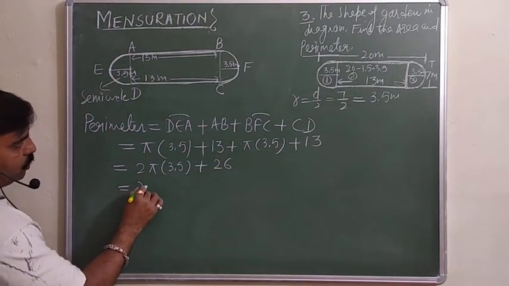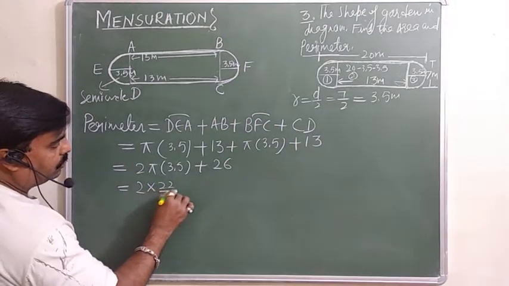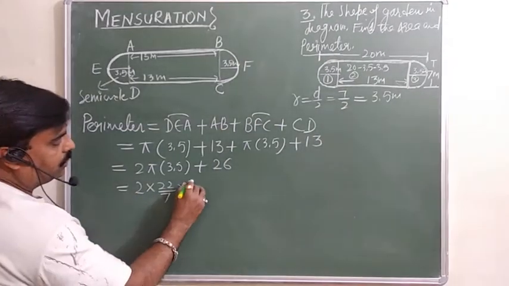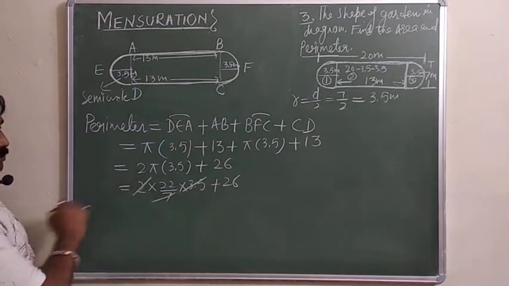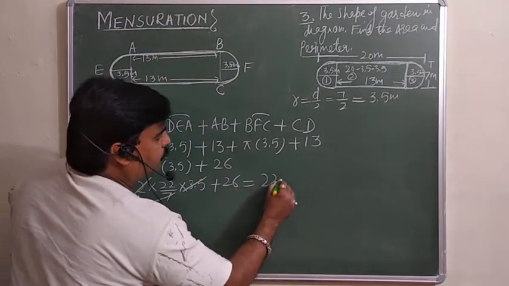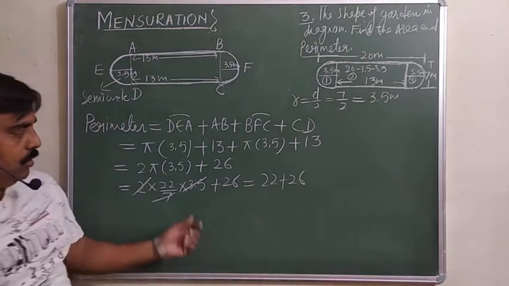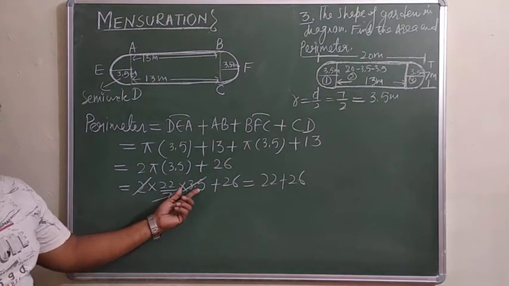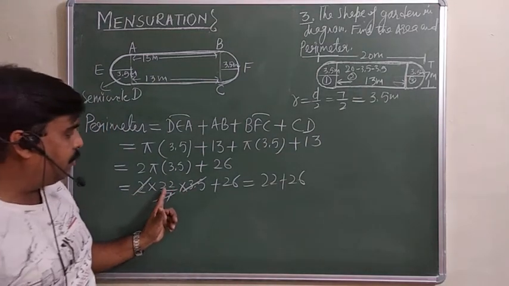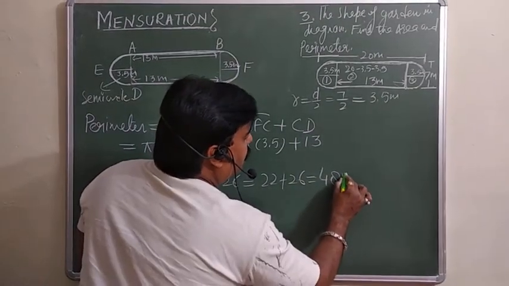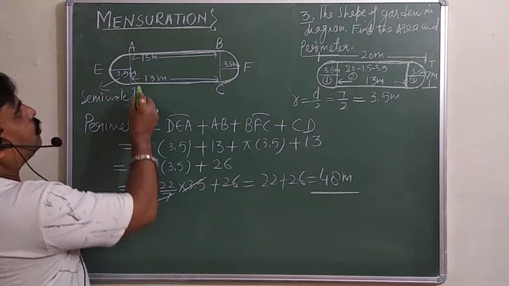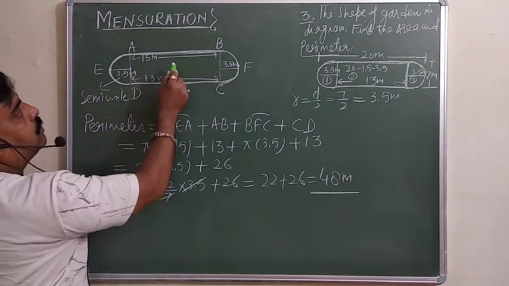This is 22/7 into 3.5 plus 26. You will get 26 plus 22, because 3.5 into 2 gives 7, and 22/7 into 7 is 22. So this is equal to 48 meter. So this will be the perimeter of this garden.